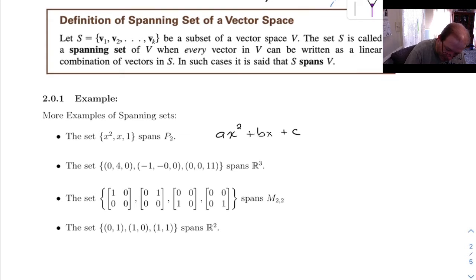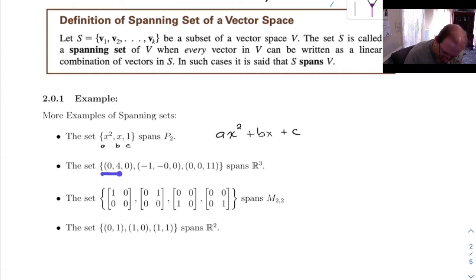You'd use A for your coefficient of x squared, B for your coefficient of x, and C for your coefficient of 1. And that'll get you any quadratic polynomial you want. It'll also get you any linear polynomial by picking A to be 0. And if you pick A and B to both be 0, then it'll get you any real number, which you can think of as a polynomial of degree 0.